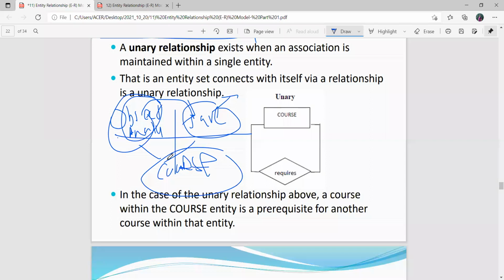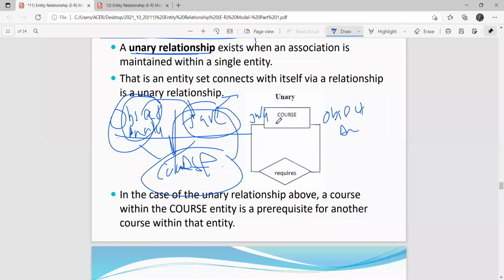In that case, you can see this course entity has a relationship with this entity. That means this course has a relationship with itself. Course requires a course. As an example, Java requires object-oriented analysis. This kind of relationship is known as a unary relationship.